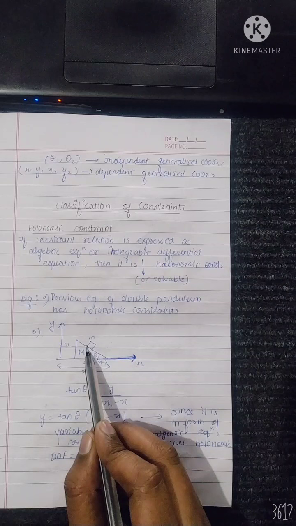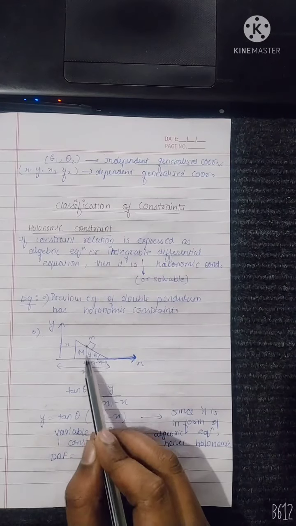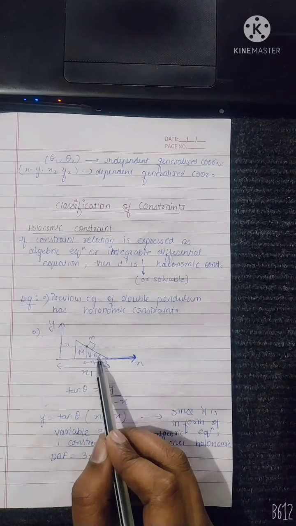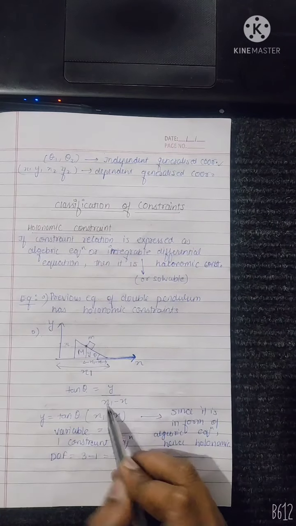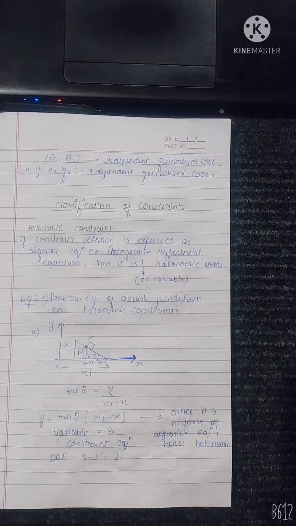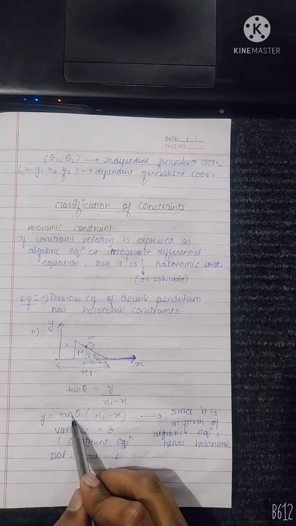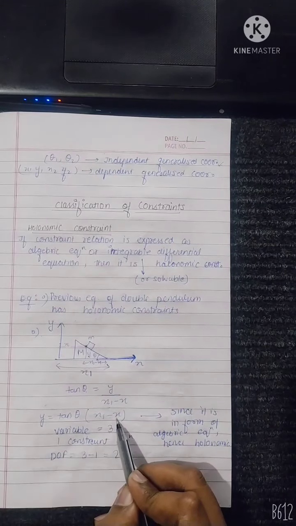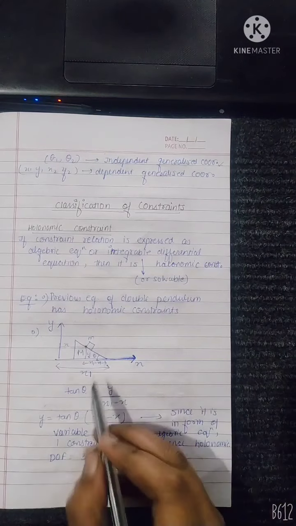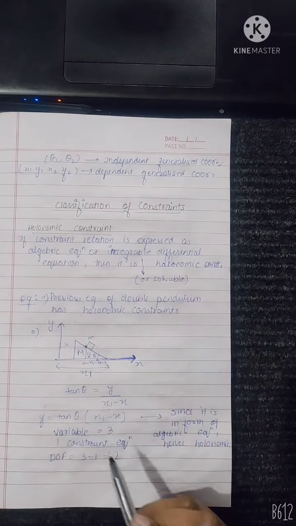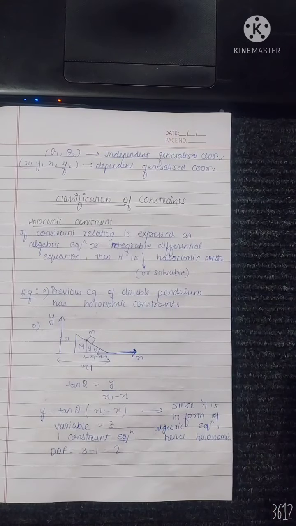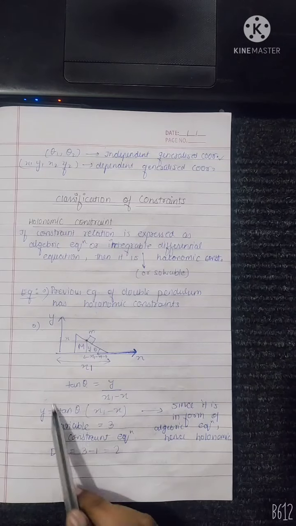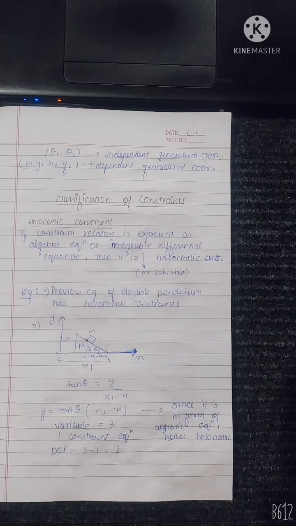And this point we took as y. So for theta, we write tan theta is equal to y upon (x1 minus x). Therefore y is equal to tan theta times (x1 minus x). Now this theta is a constant because the triangular block shown here is a fixed solid figure, right? So this theta does not change, hence the number of variables here is 3.